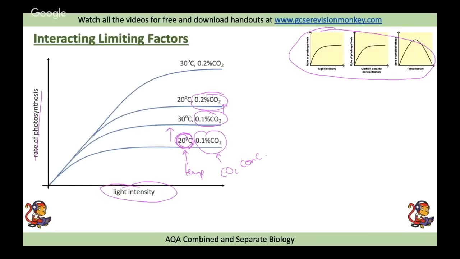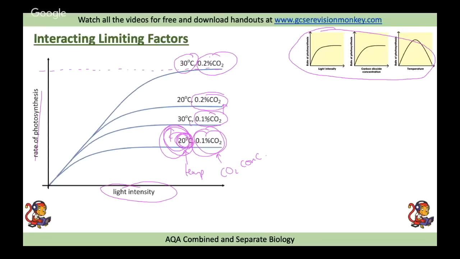And again, if we increase it again, we've got 30 degrees and 0.2% carbon dioxide being our optimal rate of photosynthesis. So at the point where one stops being a limiting factor, so when light intensity stops being a limiting factor, you can then change one of the other variables like temperature or carbon dioxide. So if we increase the temperature, and then when that no longer becomes a limiting factor, we can increase something else.